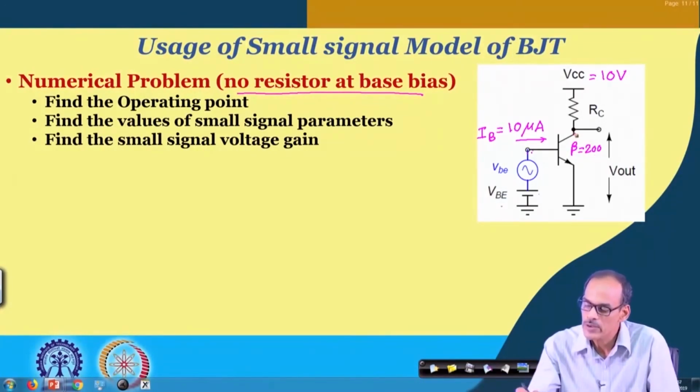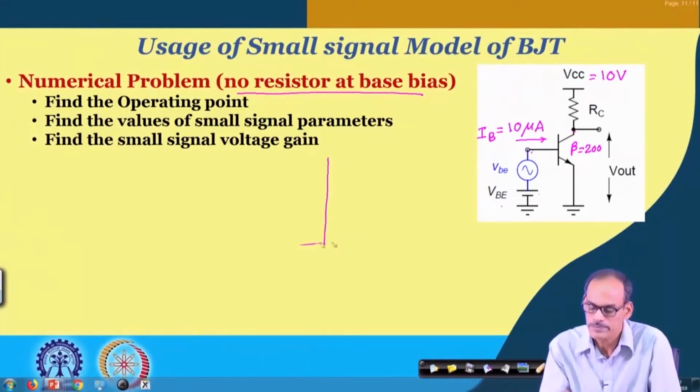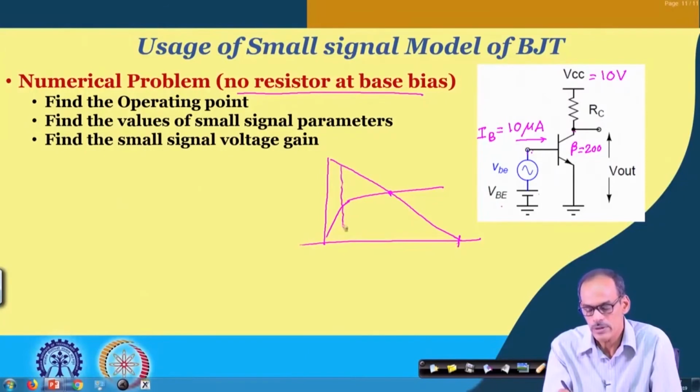Now, to get a good linearity range, we like to keep the operating point well away from the saturation limit or the active region limit.